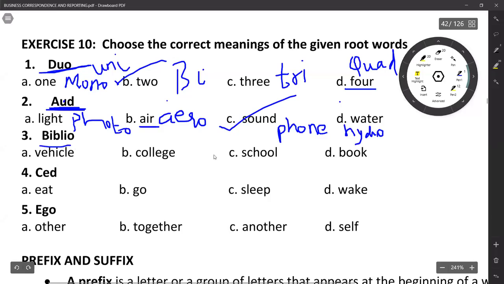Okay. Biblio. What is biblio? Biblio, books. Okay. Guys, there's no root word for school or college. But can you tell me, what do you call your school or college from where you've passed out? Can you tell me another word for that? I will give you the starting.